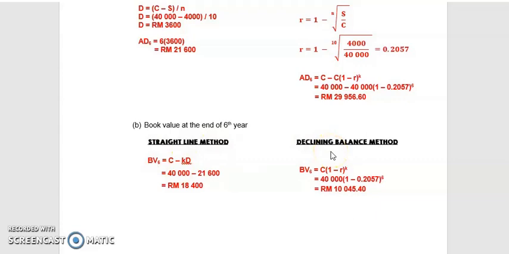As a seller, we prefer the straight line method because the book value is higher than the declining balance method. But if you are a customer buying this asset from the seller, which one would you prefer? For sure declining, because the price is cheaper than the straight line method.